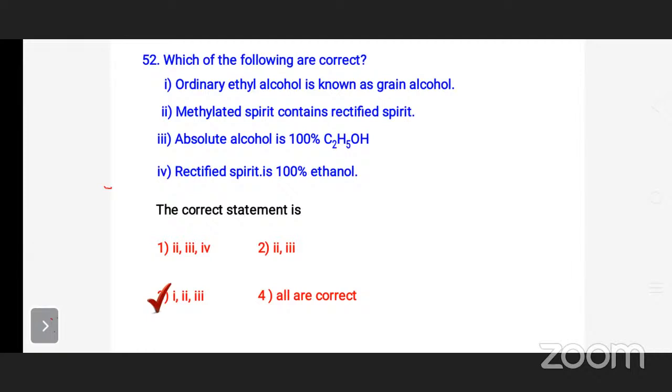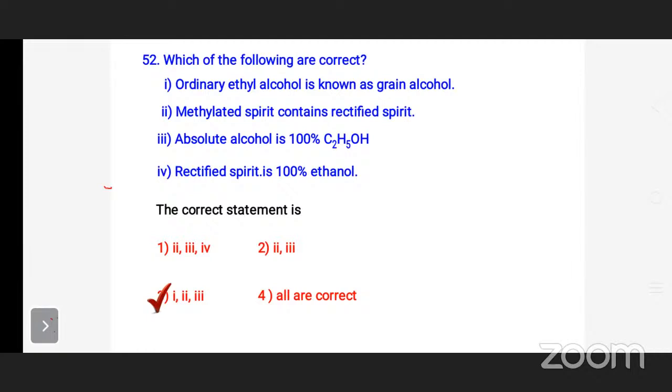So ordinary ethyl alcohol is known as grain alcohol. Generally alcohol is the essential constituent of all wines. So it is ethyl alcohol. The common name of ethyl alcohol is spirit of wine or grain alcohol. So first statement is a correct statement. Methylated spirit is called as rectified spirit. 95.6% ethyl alcohol is called as rectified spirit.